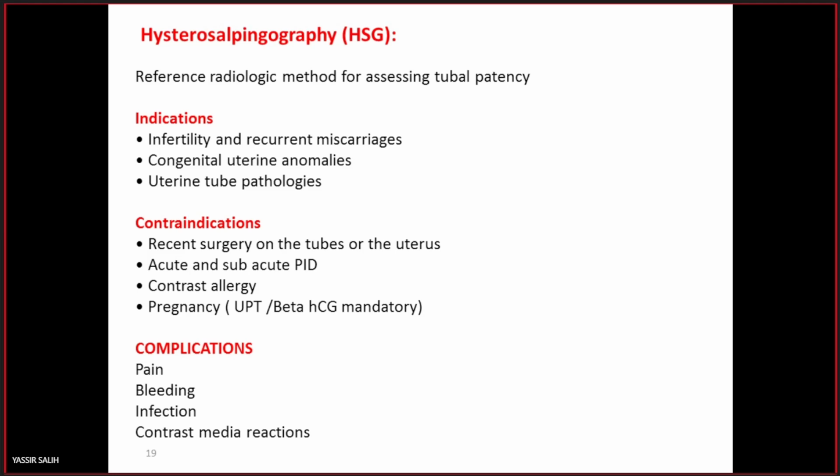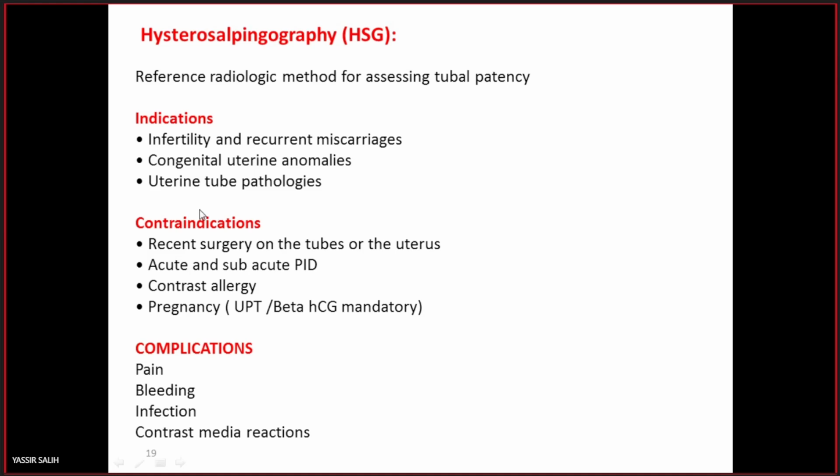There are many congenital uterine anomalies, such as bicornuate, septate, and unicornuate, and hysterosalpingogram can be used for assessment of these congenital anomalies, or any uterine or tubal pathology, which could be a tumor, stricture, adhesion, obstruction or blockage.